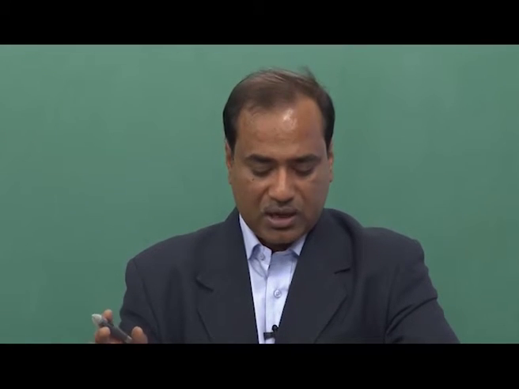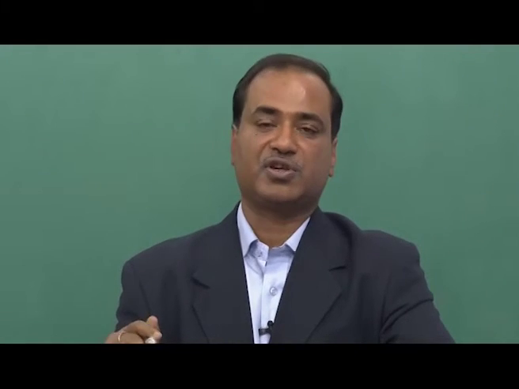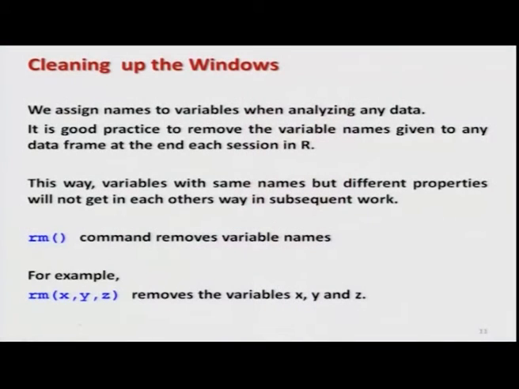So, in order to make a good program, we have to be a little careful, and for that we should remove all the variable names whenever we switch to writing another program. If you want to remove a name, we have a command called rm, and inside the brackets you write the names of the variables you want to remove.